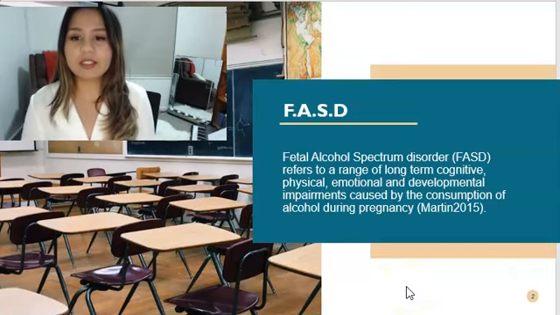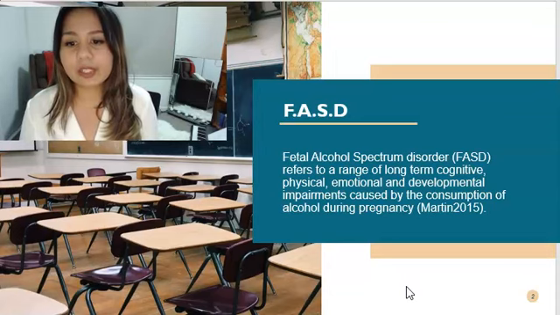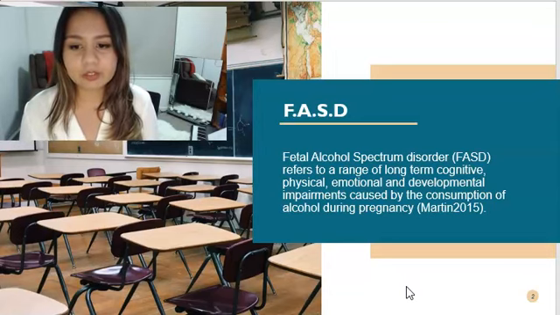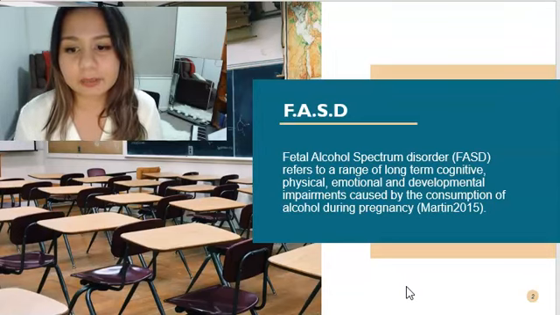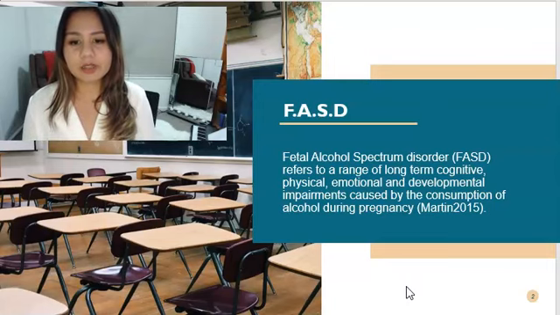Just for a brief explanation, fetal alcohol spectrum disorder, which I'll be referring to as FASD in this presentation, refers to a range of long-term cognitive, physical, emotional, and developmental impairments caused by the consumption of alcohol during pregnancy.